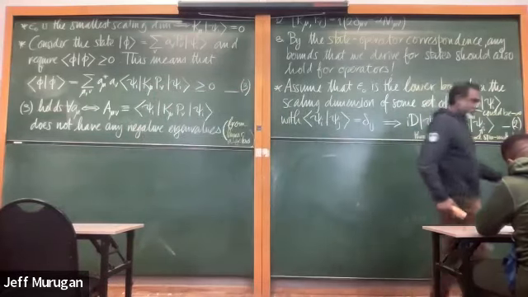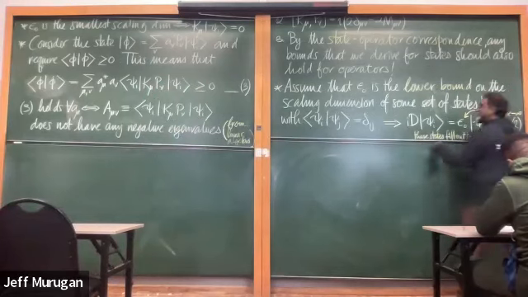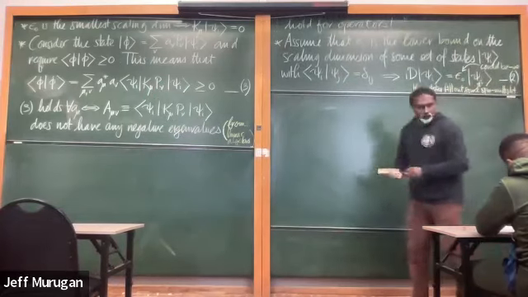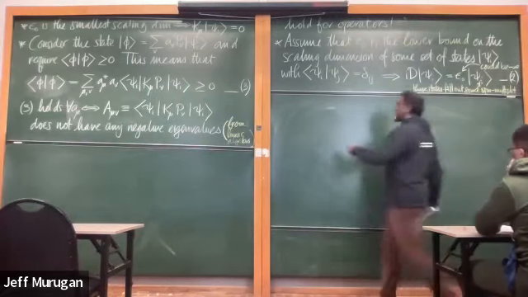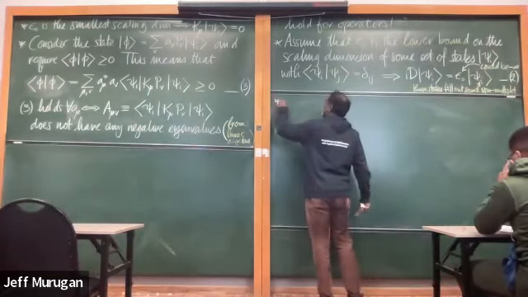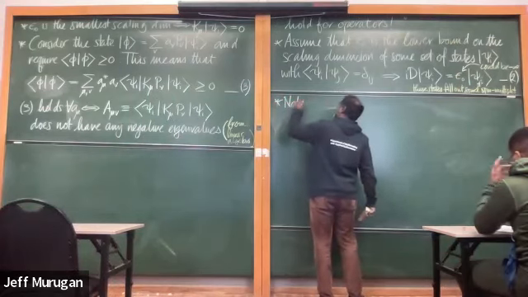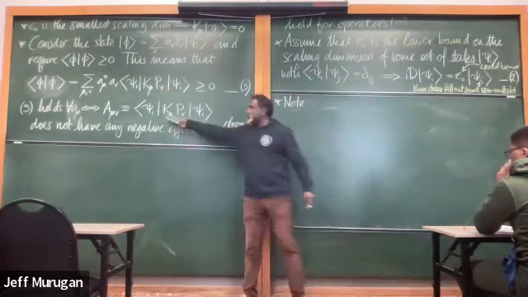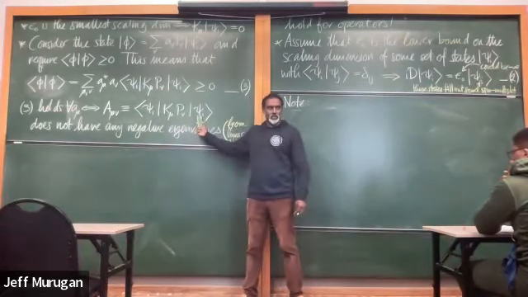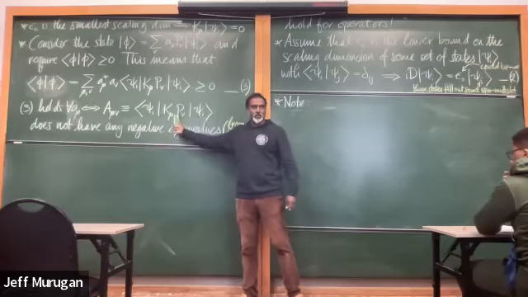What is this matrix exactly? Note the following. Because the K mus annihilate these states, I can replace this product with a commutator. You see that? Right?